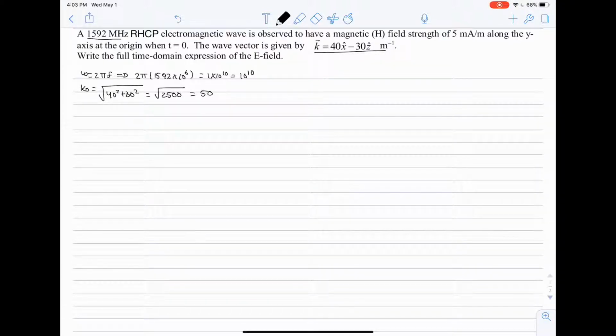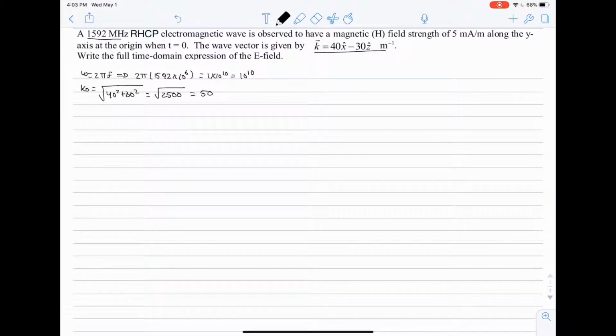And since we have K and omega, we can now figure out what our n is. And n is our index of refraction, and we're trying to figure out if that's 1, because if it is, then we know that our wave is traveling through air.